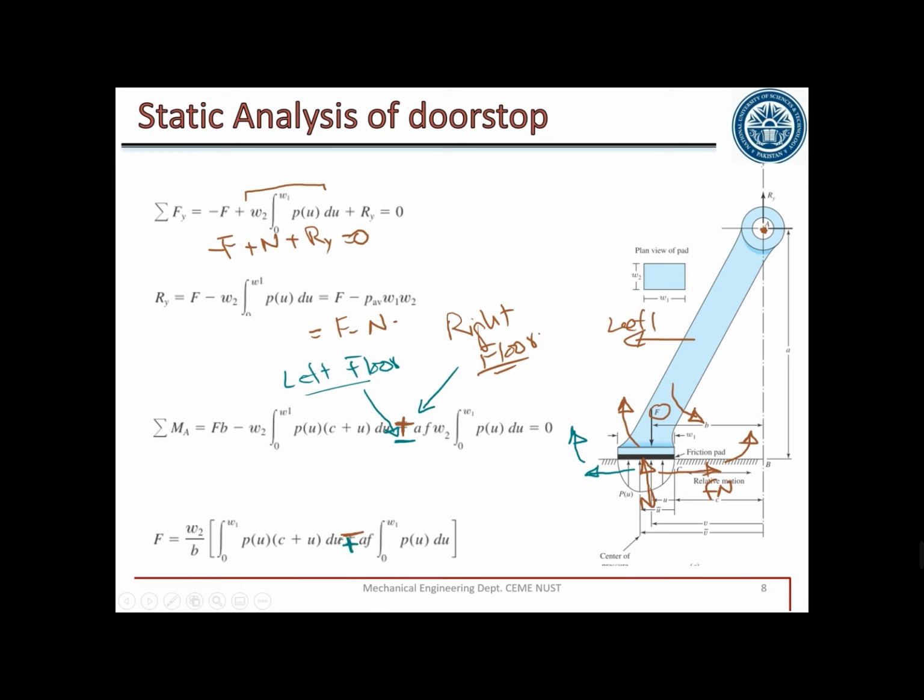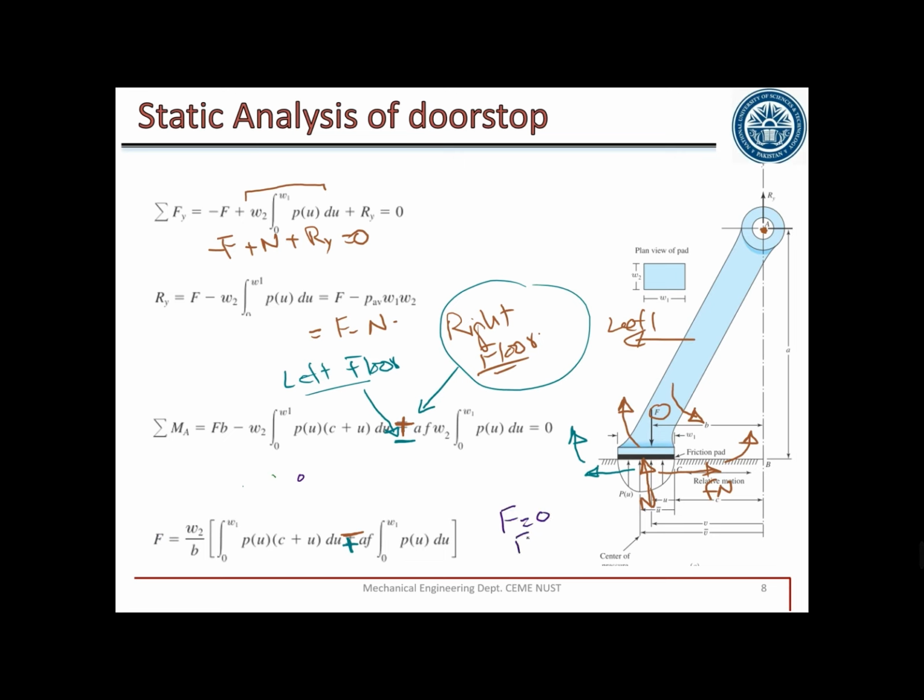You have to keep in mind which sign is for which value. All the red signs are for right floor motion and all the green signs are for left floor motion. Now one question remains: is it possible that this F is negative, or not?